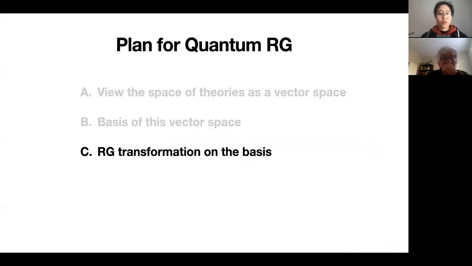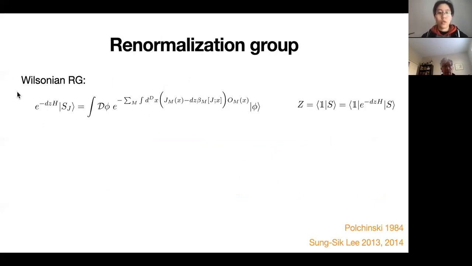Okay, so far, we've learned how to view the coupling space as a vector space, and also we find the basis of such a vector space. Then we want to do the RG to the theory in the coupling space. Usually what we do in the Wilsonian RG is to do the RG transformation on the Boltzmann weight of a theory.